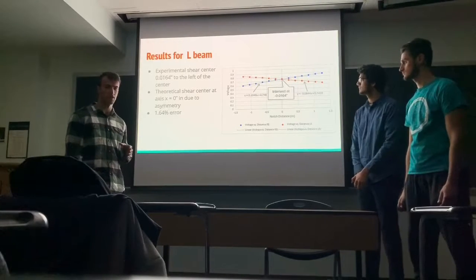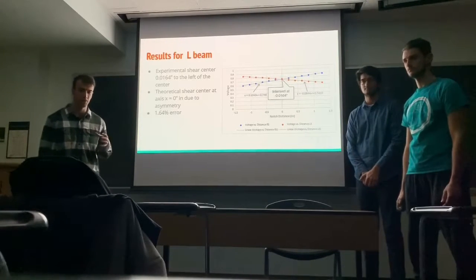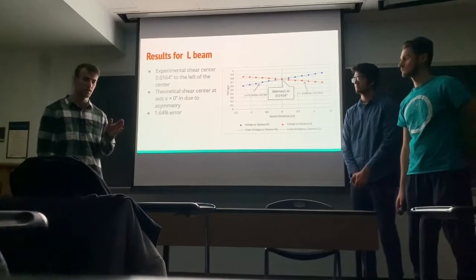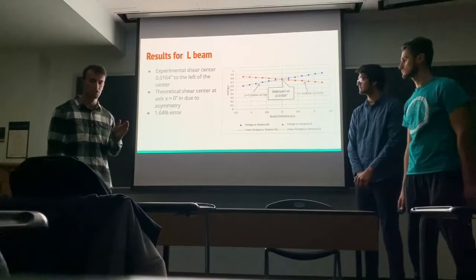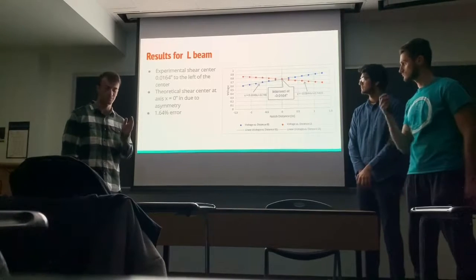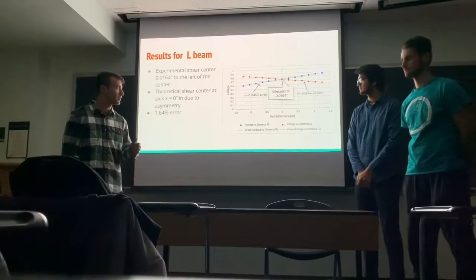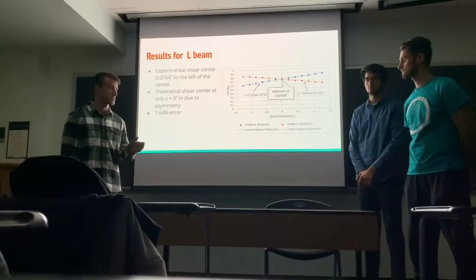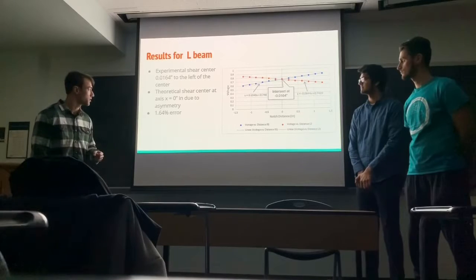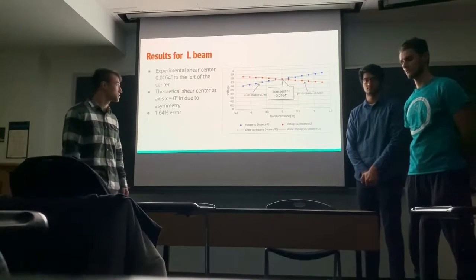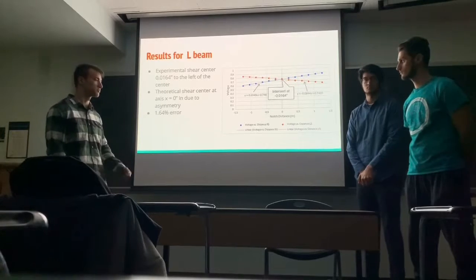Given that we loaded the L-beam in an angle so that it would be a V, we did this so that the shear axis, the symmetric axis would go along the y-axis when x equals 0. So we had a 1.64% error when calculating the shear center for the L-beam.